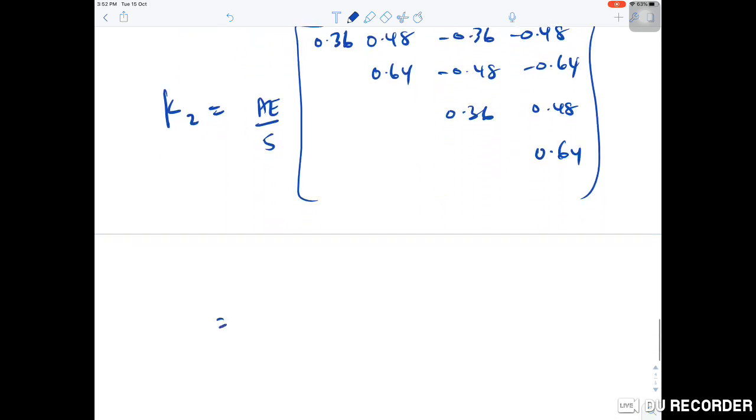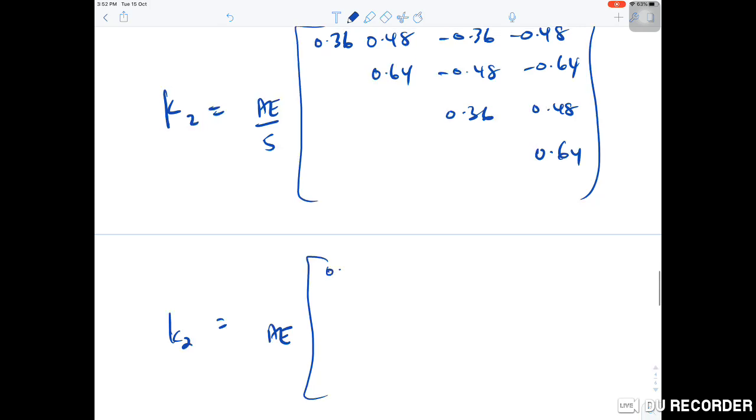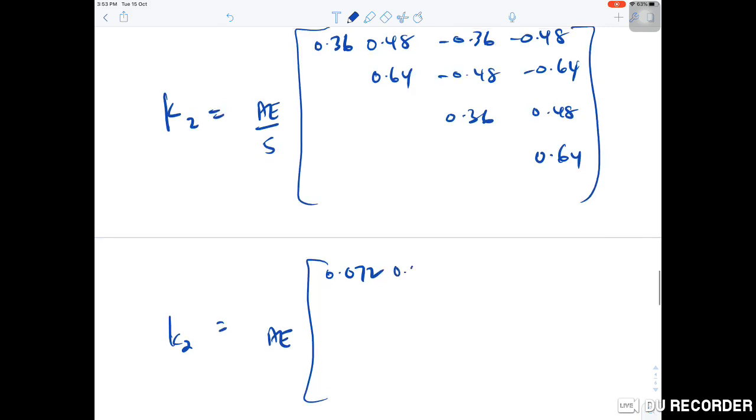Okay, this is equal to K2 equals AE times the matrix. It is 0.36 divided by 5, 0.072. 0.48 divided by 5 is 0.096. 0.64 divided by 5 is 0.128.